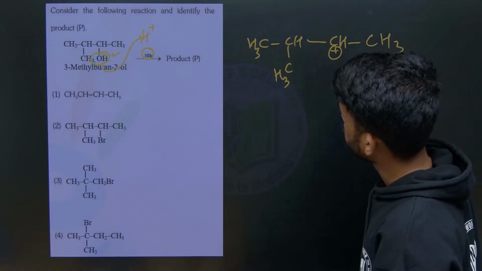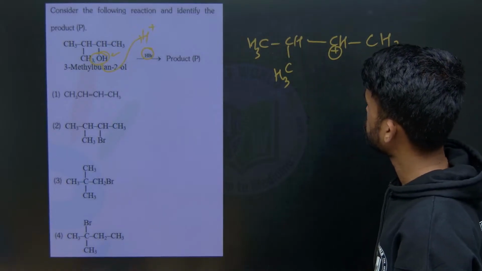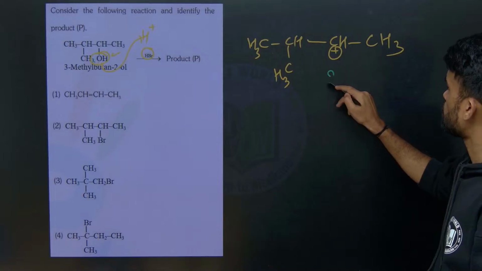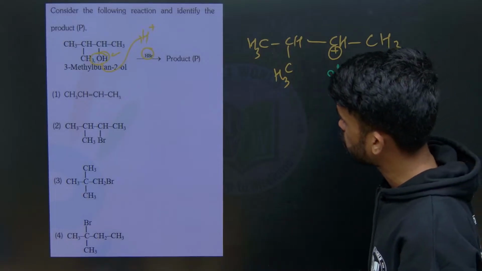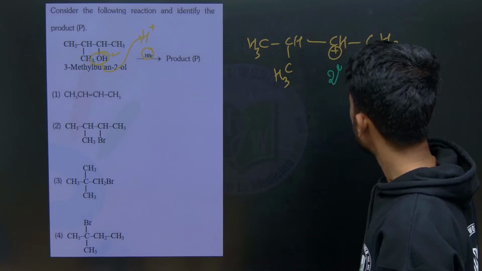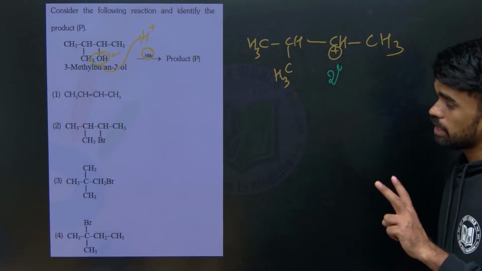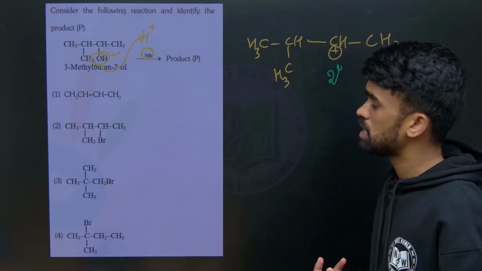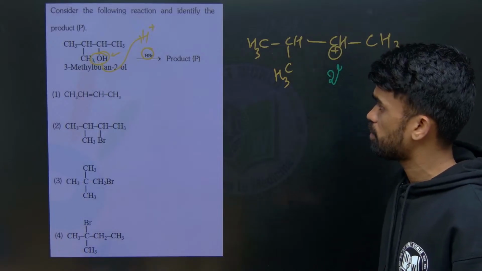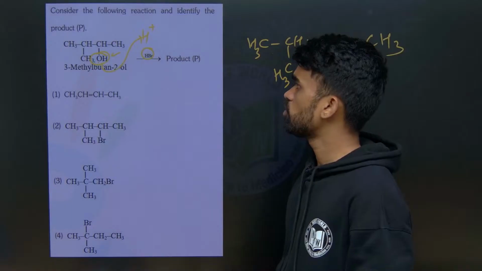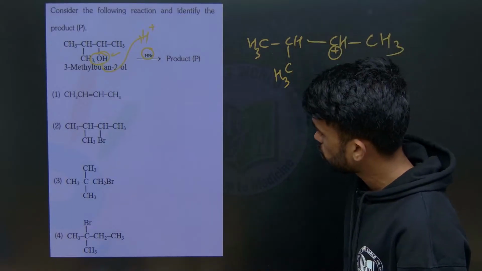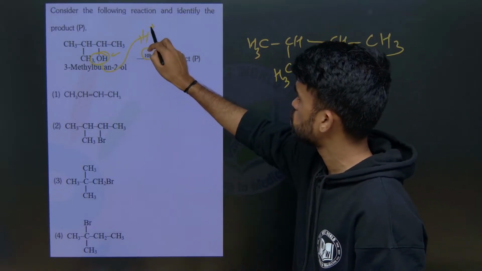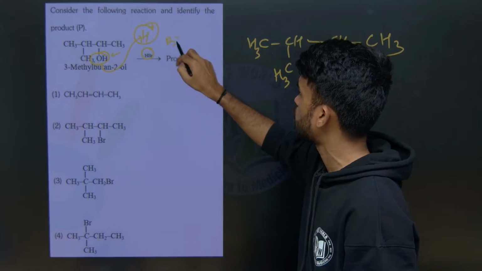Now look here, this is a secondary carbocation. Sometimes you may have some confusion whether it is elimination, substitution or addition. After removing OH minus using this H plus, we are remaining with Br minus, right?